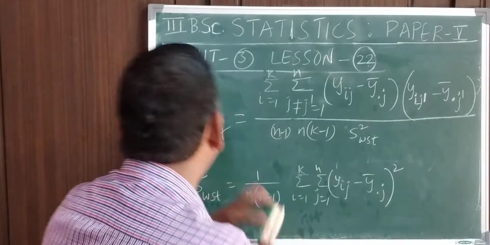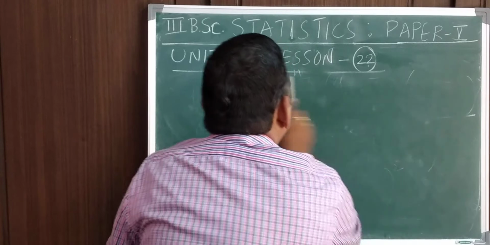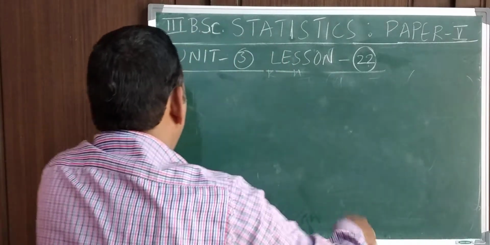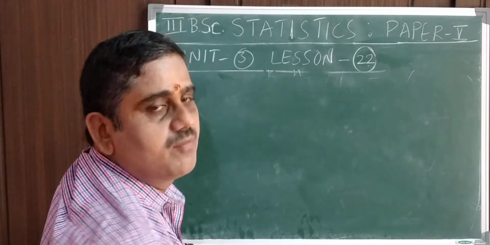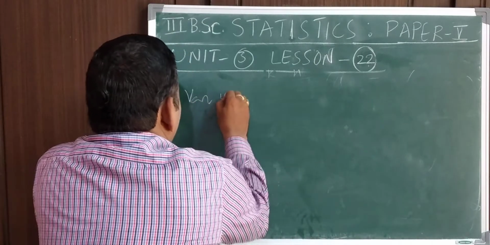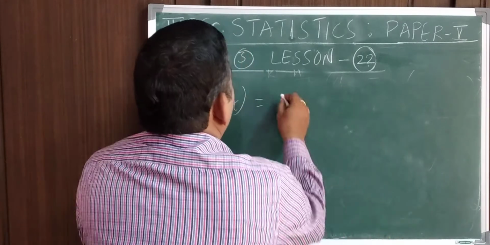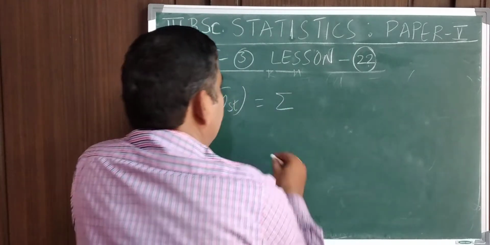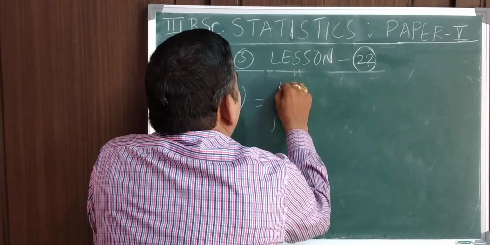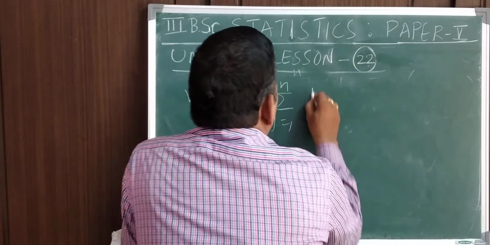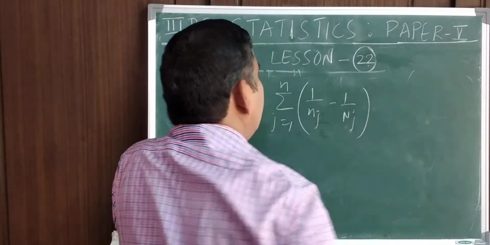Now you consider the formula. I consider one such formula of the variance of y bar st, the very first formula of stratified random sampling: the summation, here j is equal to 1 to n, of (1 by small nj minus 1 by capital Nj), small nj, capital Nj.